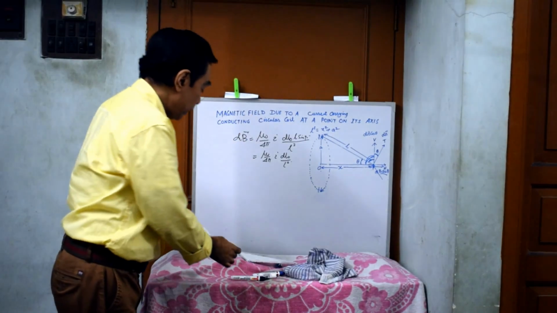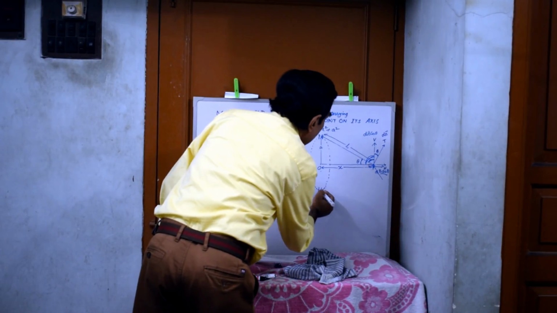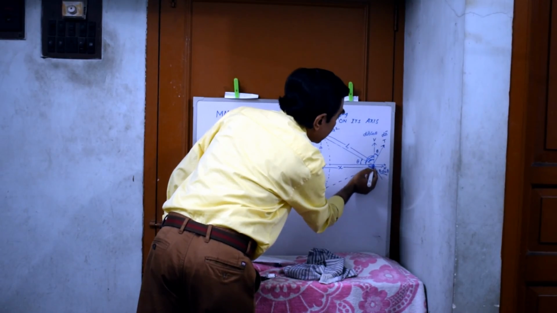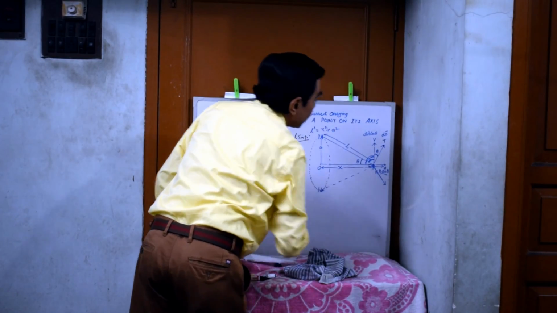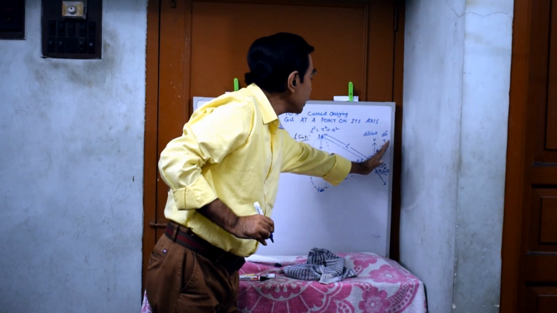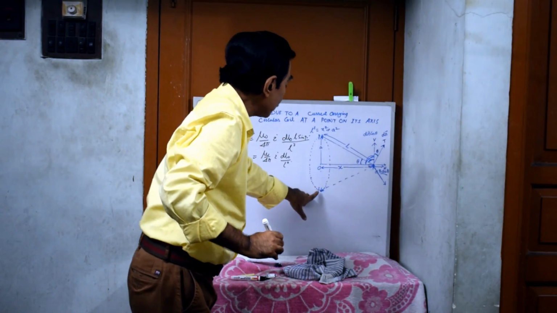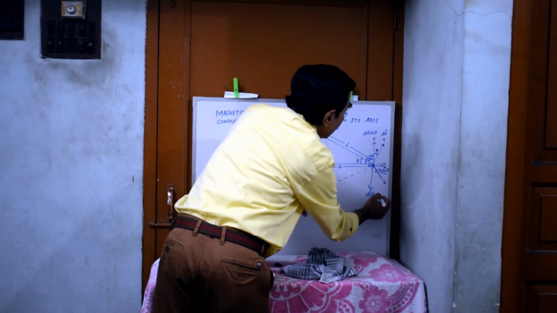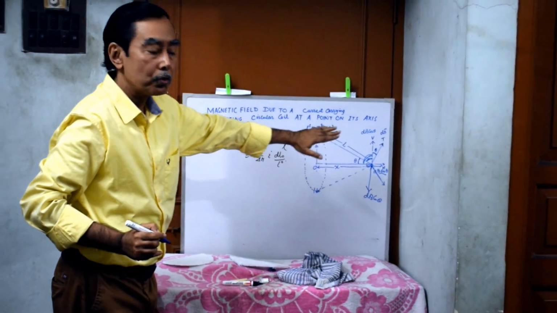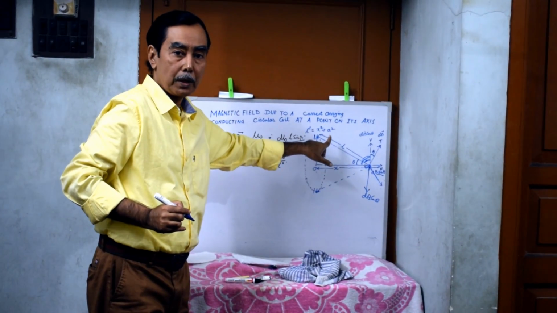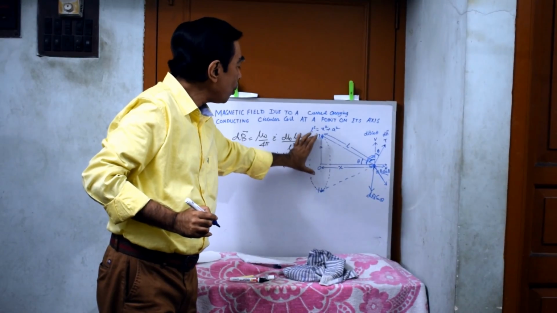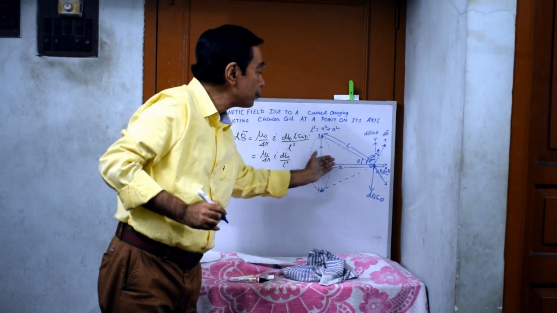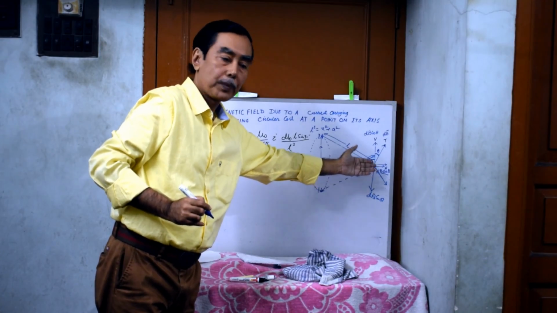So the magnetic field is also at these two diametrically opposite points, one along this direction, the other along this direction. So if the component dB cos theta is in this direction, for this point the dB cos theta is in the opposite direction. So dB cos theta cancels out for the whole circle. Considering all the diametrically opposite points, dB cos theta cancels out and we are left with dB sin theta.